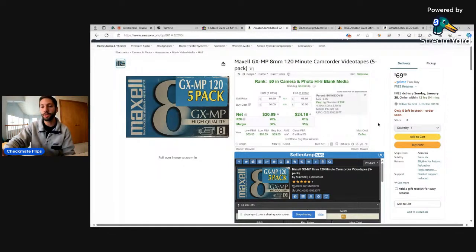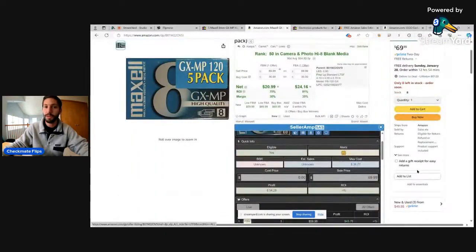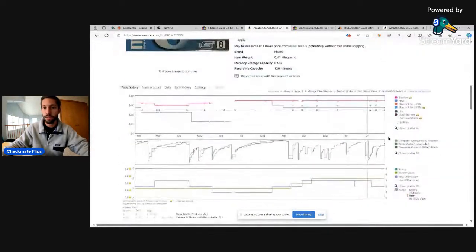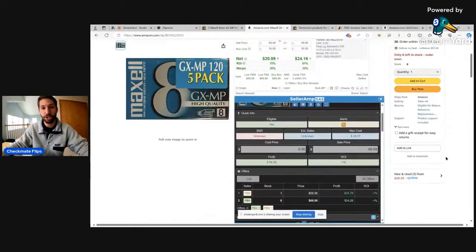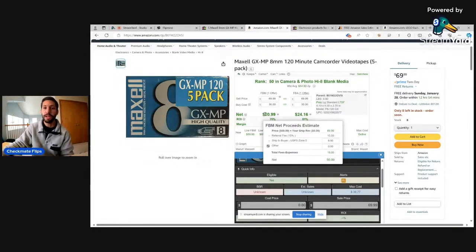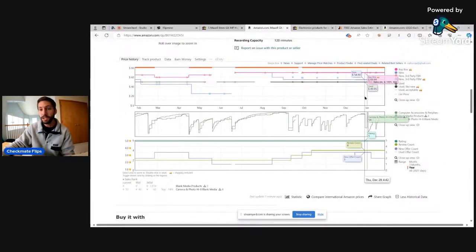I tend to be more up for doing a $30 flip, a $40 flip, a $50 flip, if it's something that's going to be quick and easy to process, especially if you're FBAing something like this. You can just enter it into your prep center sheet or prep it yourself and just get it out the door quick, and you've made $20 profit. This one, it's going to be slow.